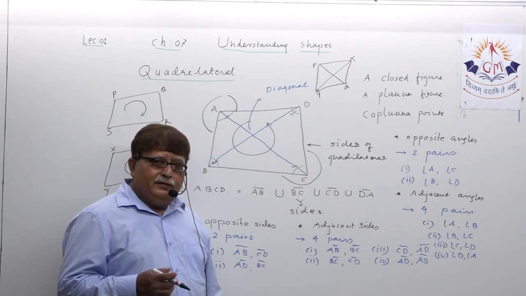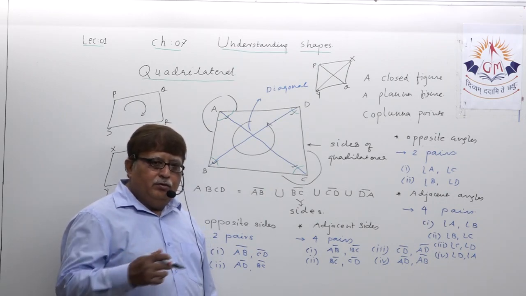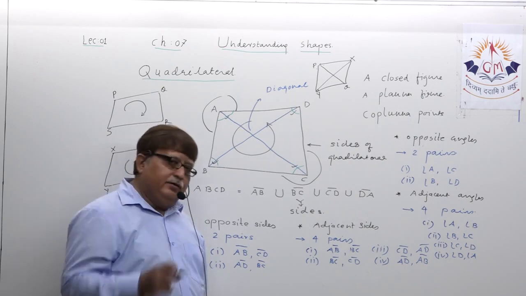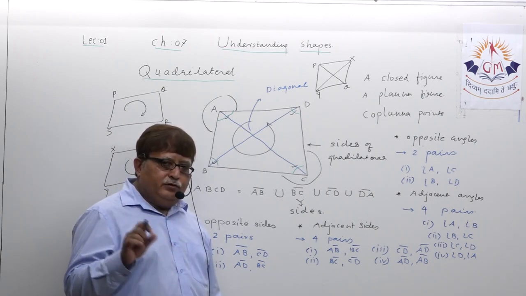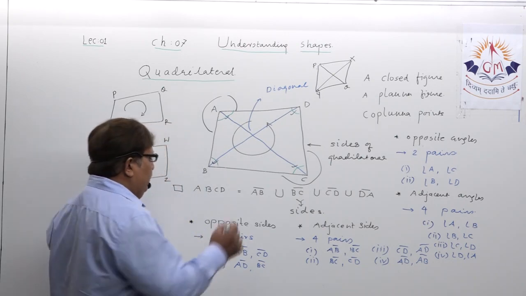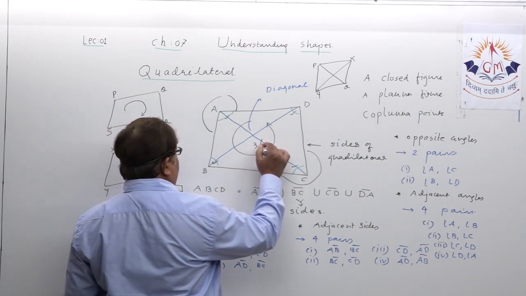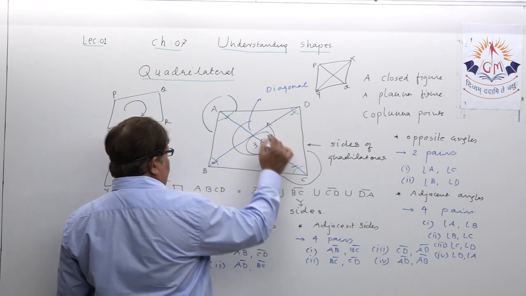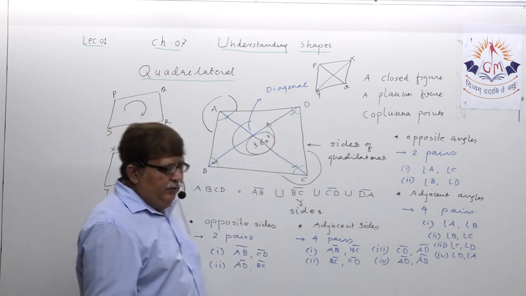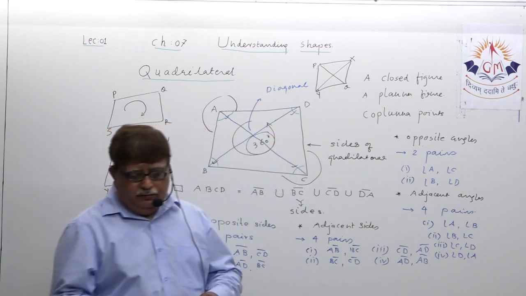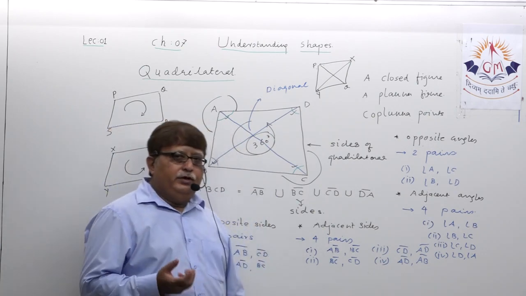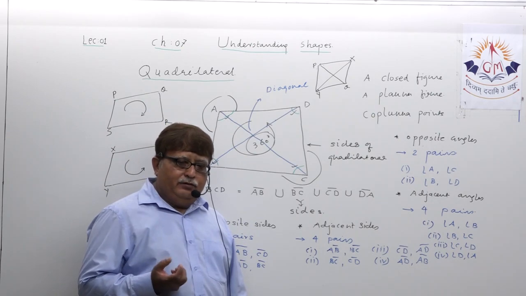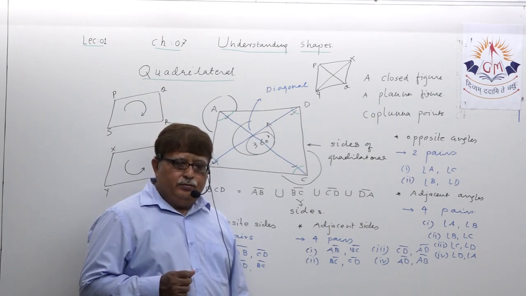It is not that you just accept. At home, you draw any quadrilateral, measure all the angles and sum up, it is always going to be 360. We are also going to prove it in the next lecture through one theorem.